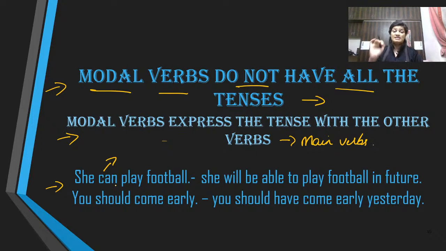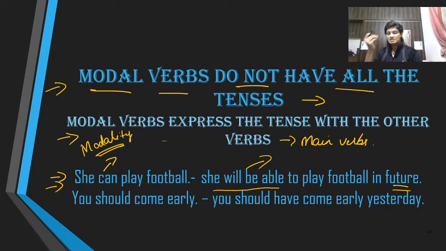It doesn't tell when she can play football, in the morning, in the evening, in the past, in the future, or some other time. It expresses the modality over here, the mode of the action, but it doesn't say when. To express the tense of the action, you'll have to use other types of verbs, like she will be able to play football in future. To refer to the future, you will have to use different verbs or tenses.